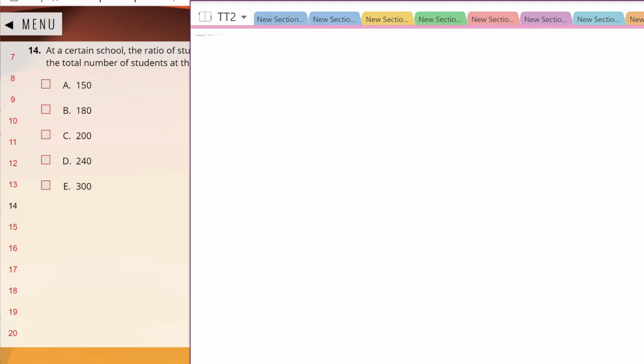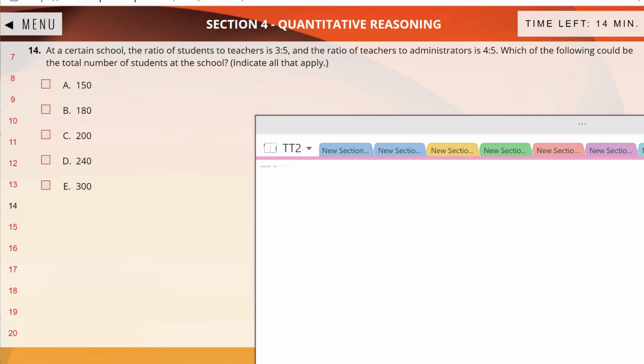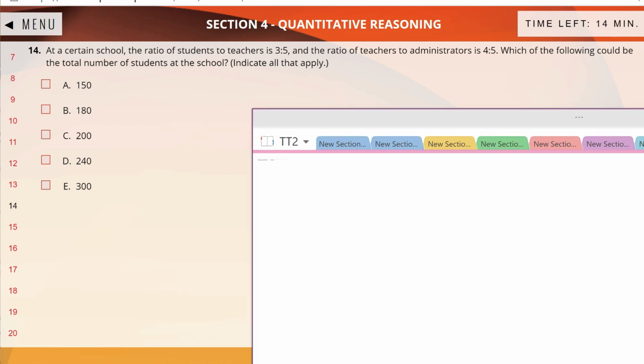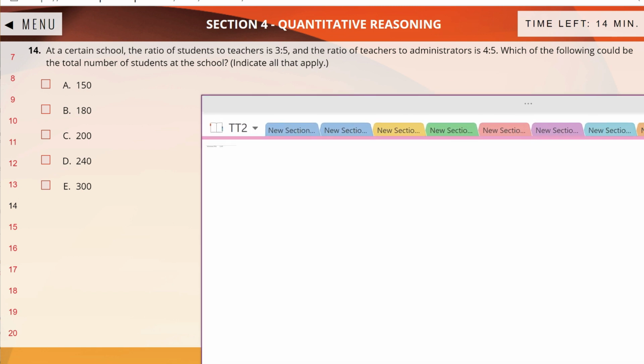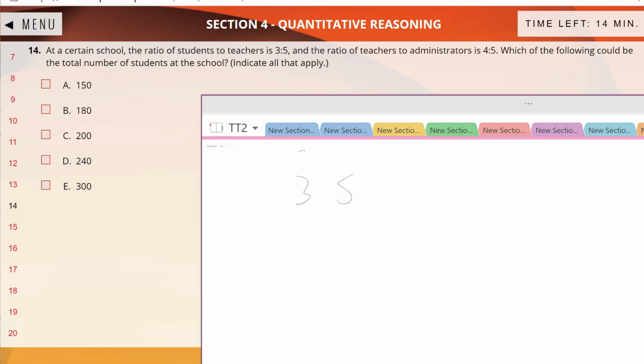Okay, so, wait, what? The ratio of students to teachers is 3 to 5, and teachers to administrators is 4 to 5. Yeah, I could combine them.